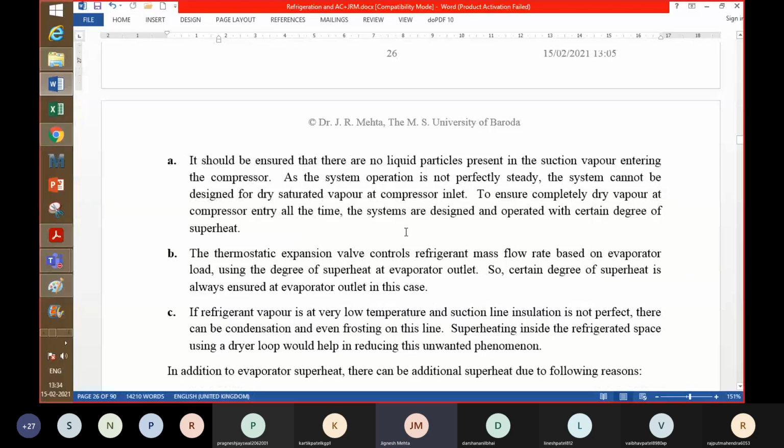So it should be ensured that, now this is from the point of view of compressor functioning, there are no liquid particles present in the suction vapor entering the compressor. As the system operation is not perfectly steady, the system cannot be designed for dry saturated vapor at compressor inlet.